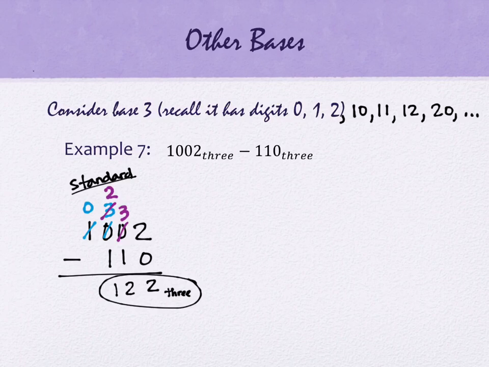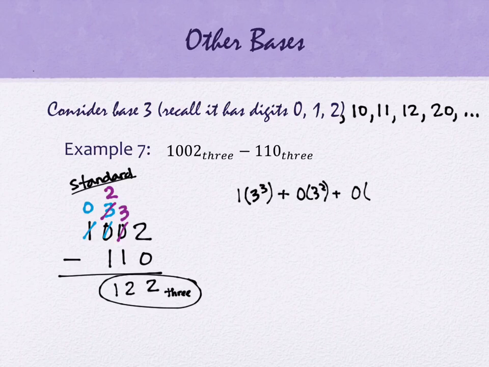Okay? So let's look at what this looks like in expanded algorithms. So in expanded algorithms, we actually write each of the values out by the place value that it is. So we write down 1 times, and normally we write 1 times 1,000, but we don't have the thousands place. We have the 3 squared place. Is that right? 3 cubed. 3 cubed place. We'll start there. We have 0 in the 3 squared place.